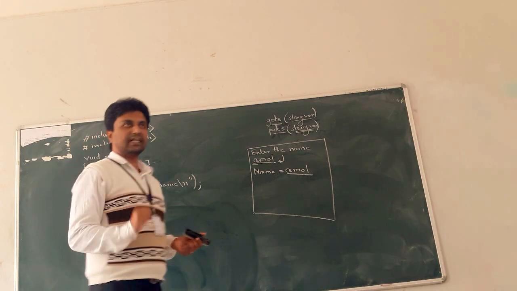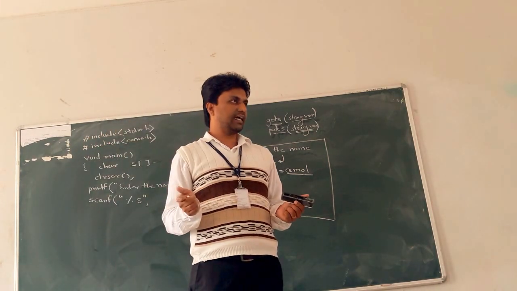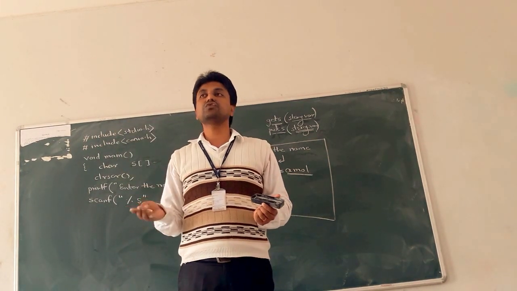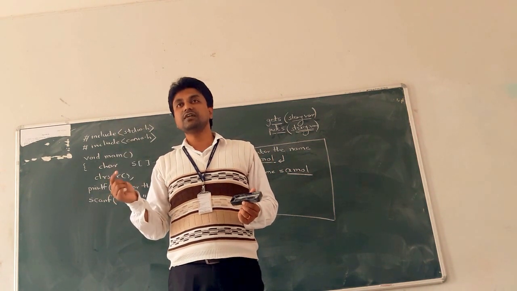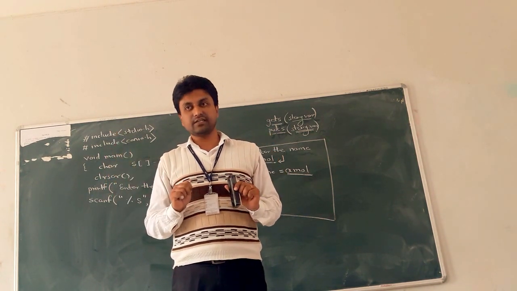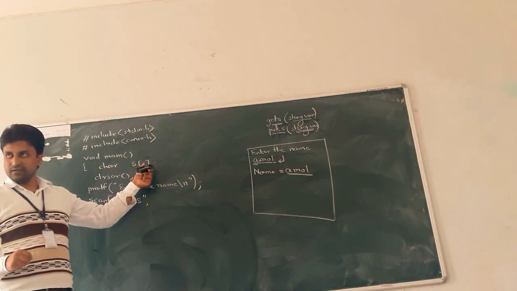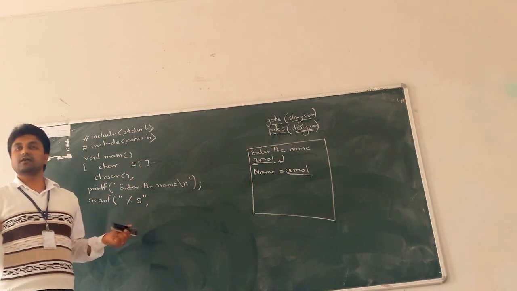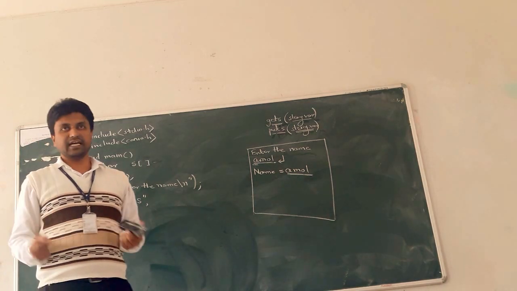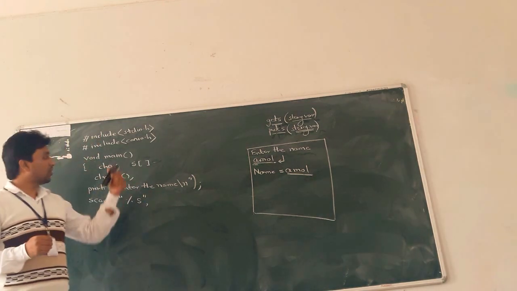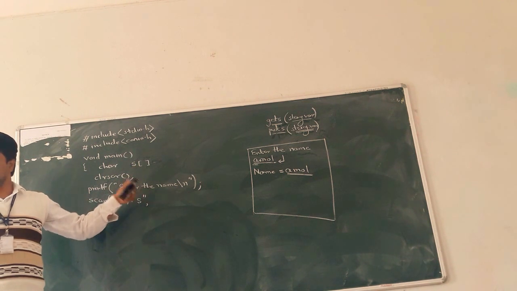To store a single character, use the data type char. But if you want to store a total string, what is the string? It is a collection of characters. For that purpose, what we have to use? Character array. There is another chapter for that, array. What is an array? We will discuss all these things in detail in that chapter.